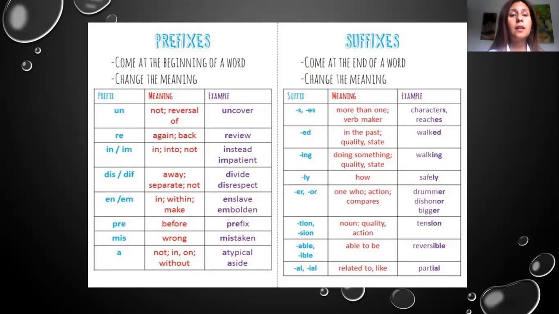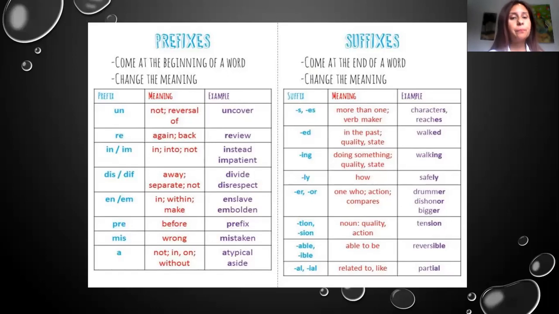The prefixes come at the beginning of the word and they can change the meaning. For example, the prefix un- and its meaning is not or reversive, for example, uncovered or unhappy, as we have seen in the previous one. Then you have re-, there it is again, or going back, like review.